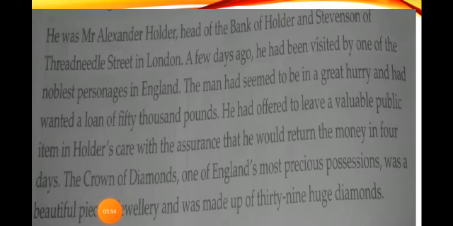So, the man was encouraged by Holmes, so he restarted his tale. He introduced himself as Alexander Holder, the head of the Bank of Holder, which is located at Threadneedle Street in London. A few days ago, a noble person had visited him because he needed some money.